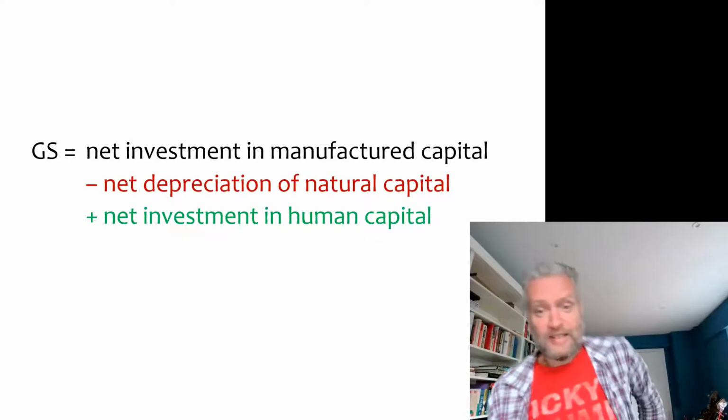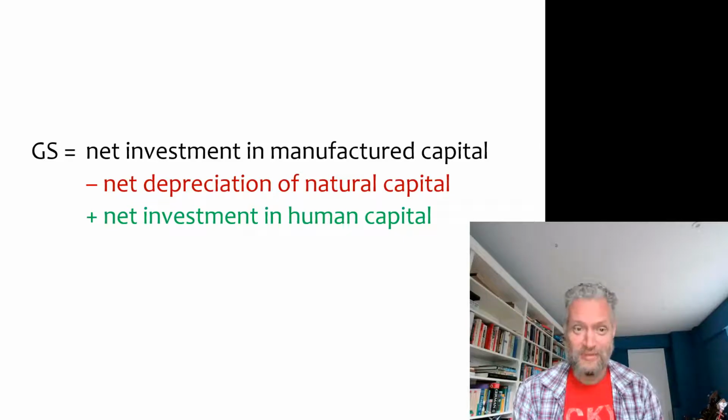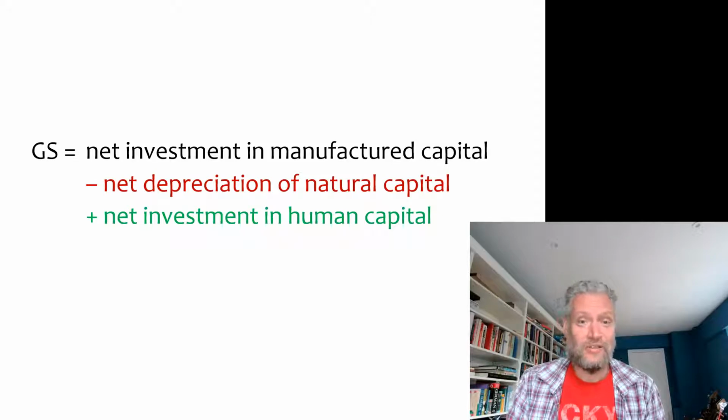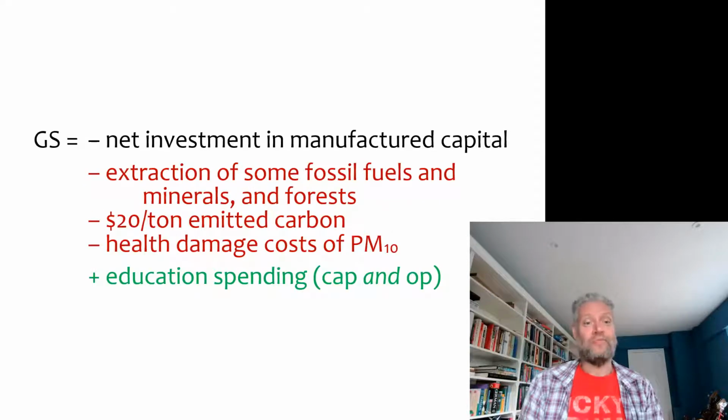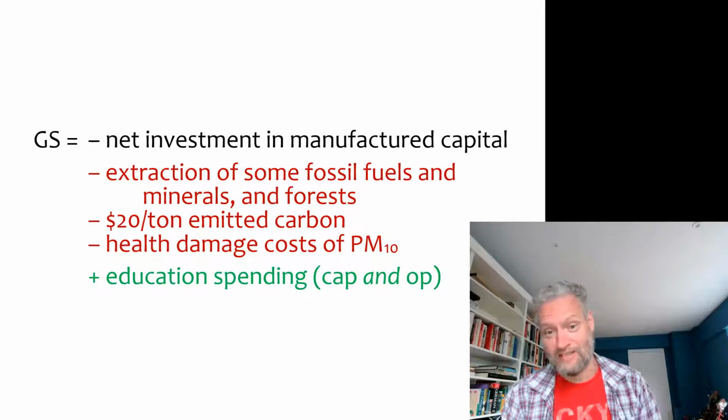Here we have the definition again. This is the theory. Genuine savings is net investment in manufactured capital minus net depreciation of natural capital plus net investment in human capital. But in practice, they've only been able to measure a few of these things. So in reality, the genuine savings index is net investment in manufactured capital.